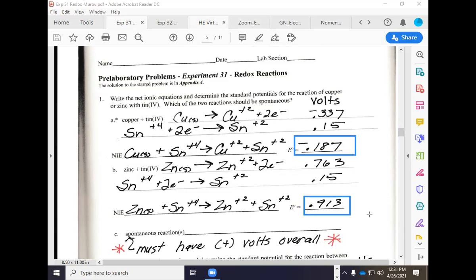That's a huge hint. So you have to answer 1C on your own. So we referred to the table to be able to answer these questions.